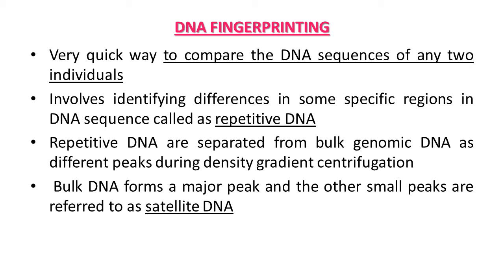As we know, 99.9% of the base sequence among humans is the same. So, out of 100%, what is the difference? That is only 0.1% different, and that's why two individuals on this earth are not the same.